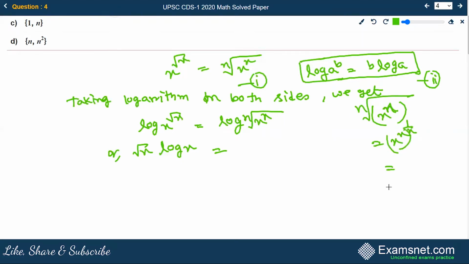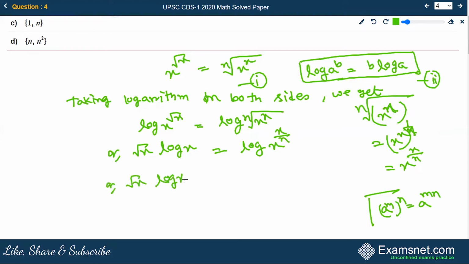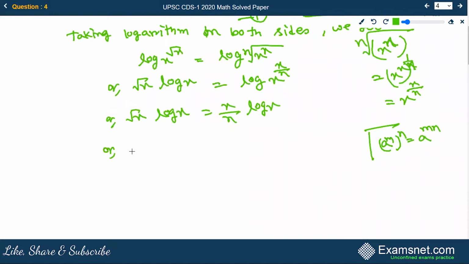We know from the exponent law that a to the power m whole to the power n can be written as a to the power mn. In the same way, we can write x to the power x by n, so we can write log x to the power x by n, and that x by n will come down, giving root x log x equals x by n log x. Now by cross multiplication we can write n root x log x equals x log x.